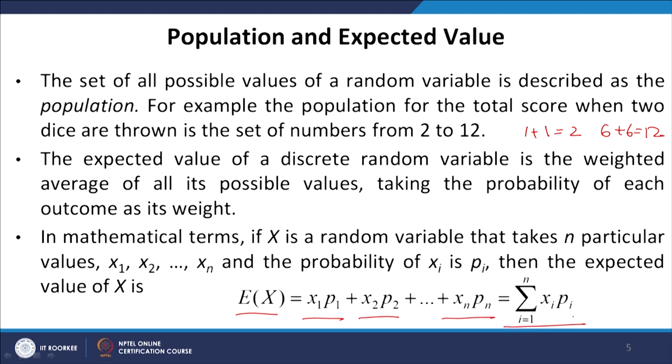So, expected value is actually the weighted summation of individual observations. When I say the probability of xi is pi, this i is anything from 1 to n. So xi is occurring with a probability of pi, which implies that x1 is occurring with a probability of p1, x2 with a probability of p2 and so on.